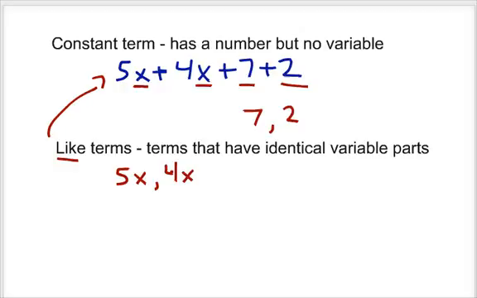Is there another multiple numbers that have the same variable part? Well, this is a little tricky to think about, but 7 and 2 are still like terms because they don't have a variable, so they have a non-variable. Same, they still count as like terms, so 7 and 2 are like terms as well.